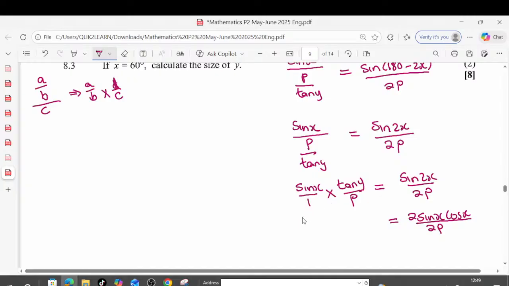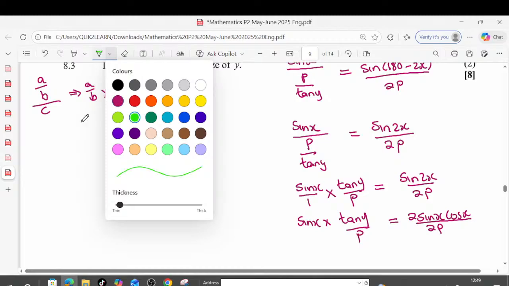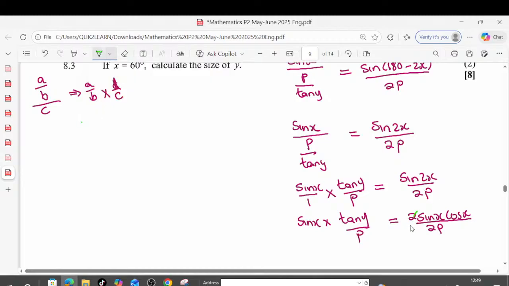So I'm going to have this as the sine x multiplied by the tan y over P. I hope I'm not making this more complicated. The 2 cancels. I'm just trying to get something that can cancel, but I already see that this 2 and that 2 will cancel. And then what's next?